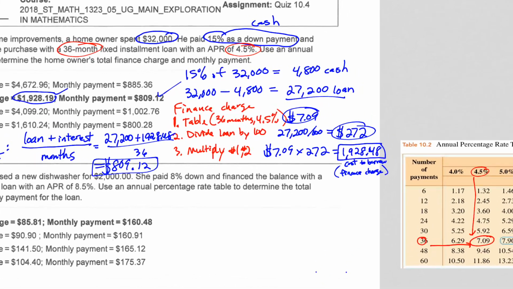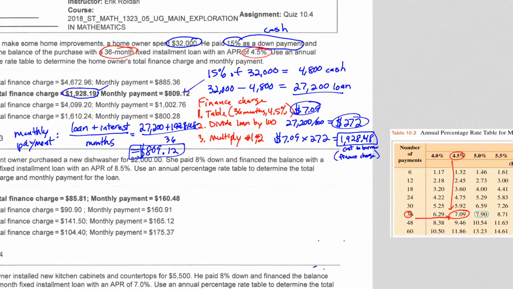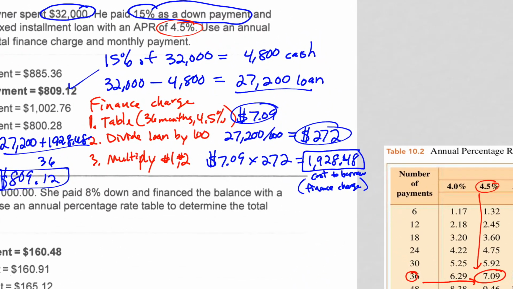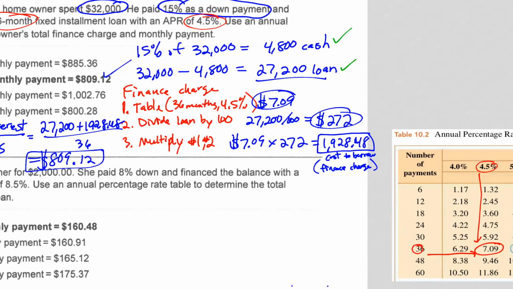So if you look at my calculations in blue, we had to get the down payment. That's 15% of 32,000. We have to subtract it from the price, so we can get how much we're going to have to borrow.